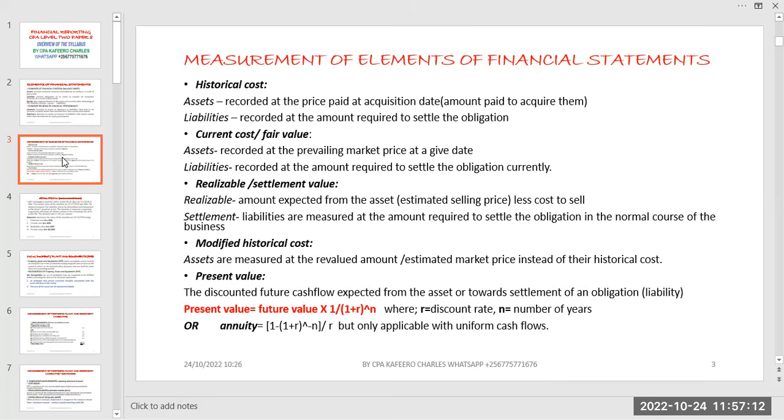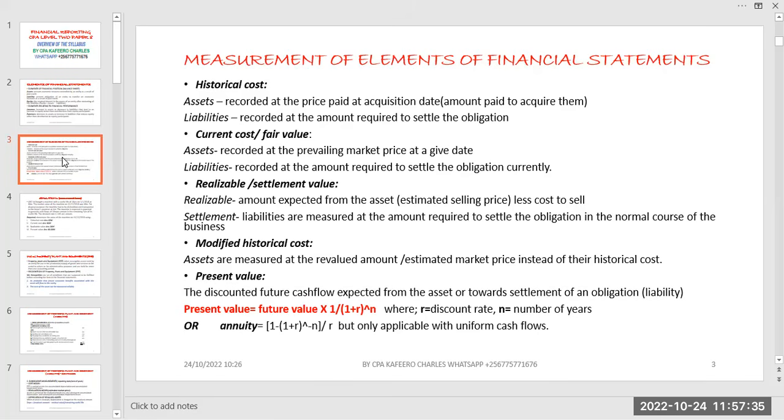Those are the things we are going to be looking at. How are those assets measured, or how are they assigned values? Those are the things we are going to be looking at when we talk about the measurement of elements of financial statements. One, we have the historical cost.